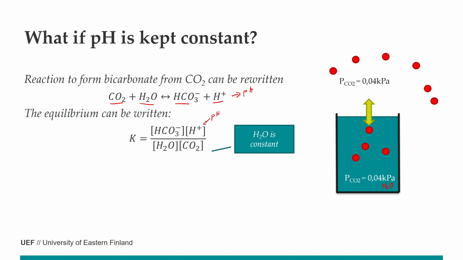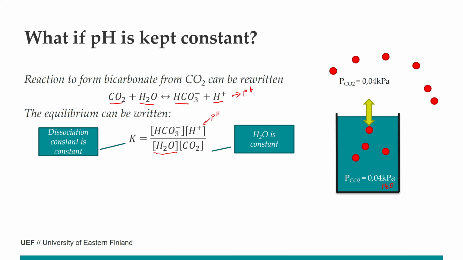Well, we don't have to worry so much about the differences in the water concentration, because there is plenty of water anyway. And also this dissociation constant, we can keep that, okay, it's always the same.